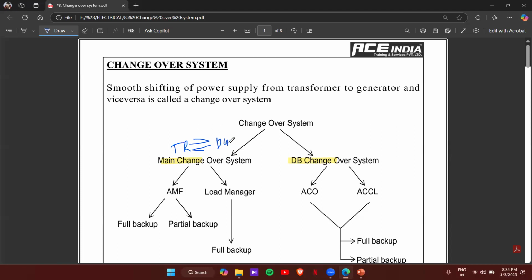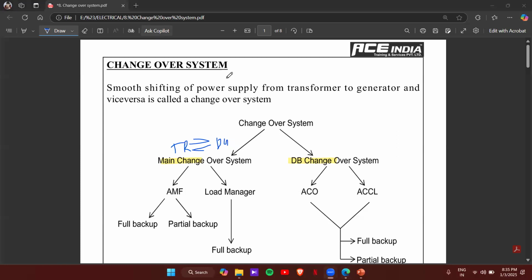Okay, and the DB changeover system means the switching will be between the distribution board.